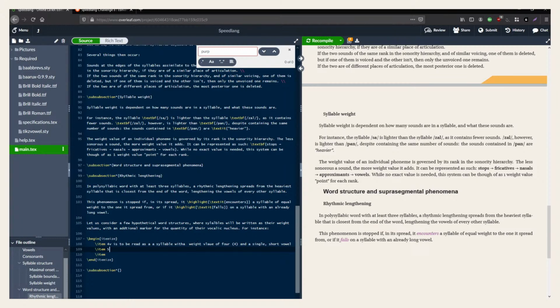So let's say 5 to be read as a syllable with a weight value of 5 and 2 different short vowels.